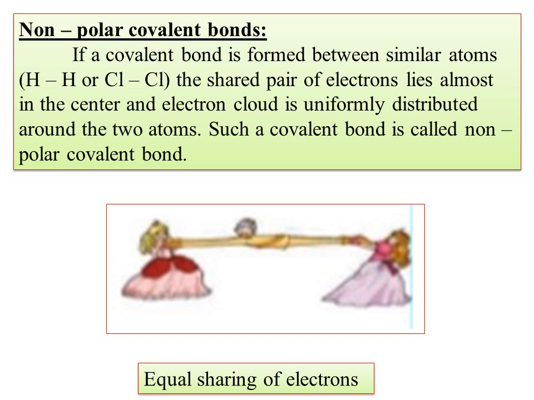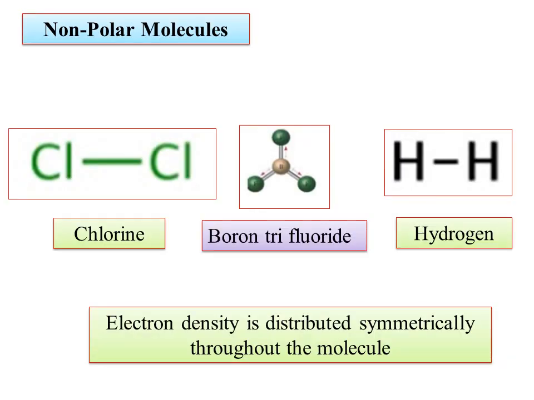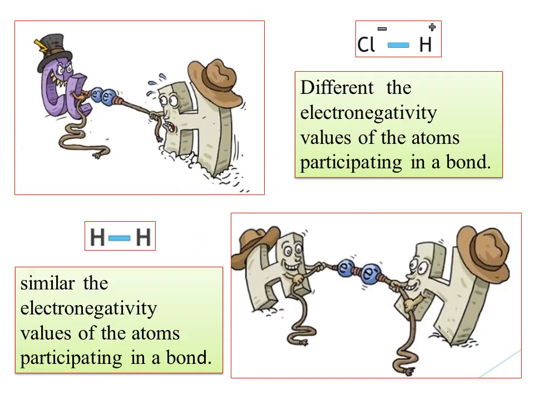The electron cloud is uniformly distributed around the two atoms. Equal sharing of electrons takes place and they do not contain any poles. Such bonds we call non-polar covalent bonds. For example, chlorine, boron trifluoride, hydrogen, all these are non-polar molecules. Electron density is distributed symmetrically throughout.